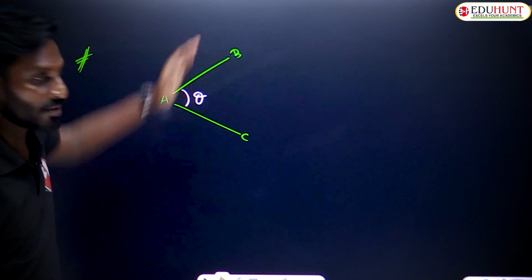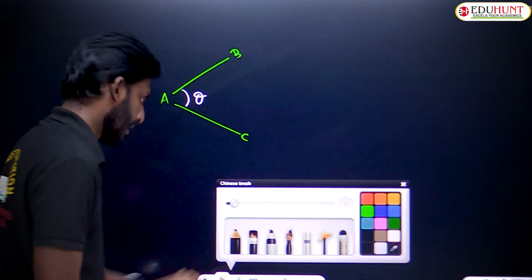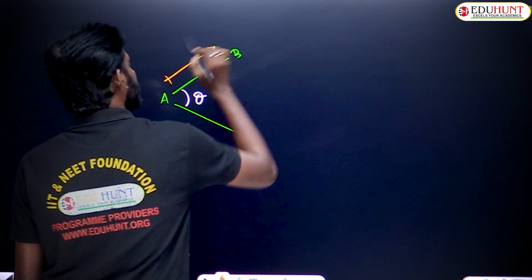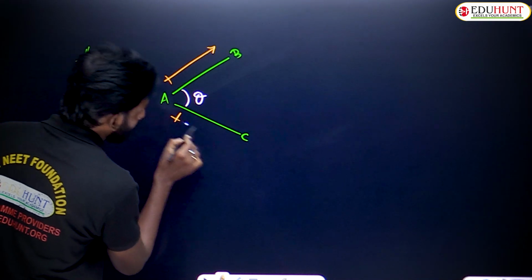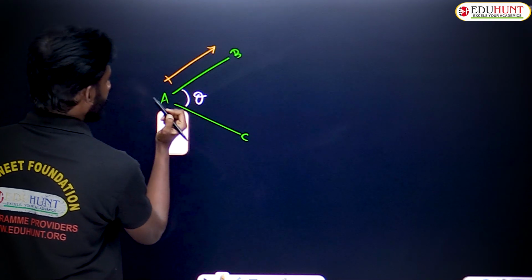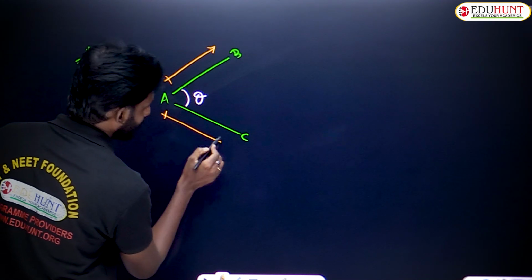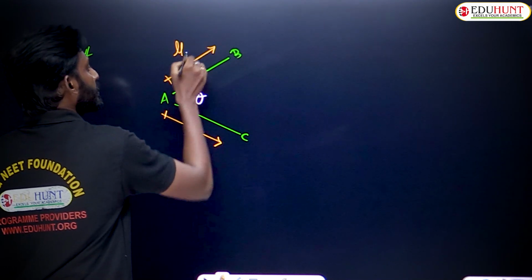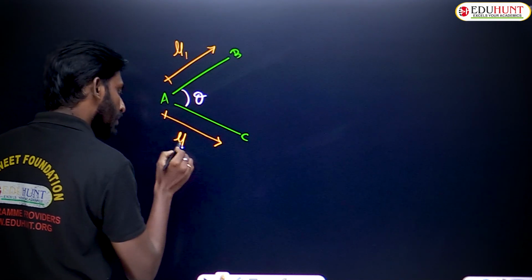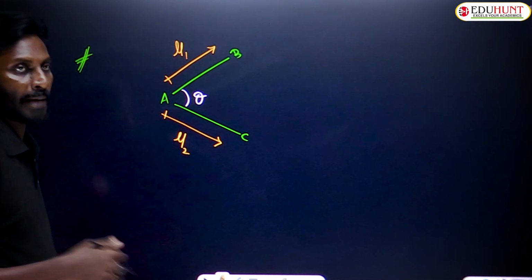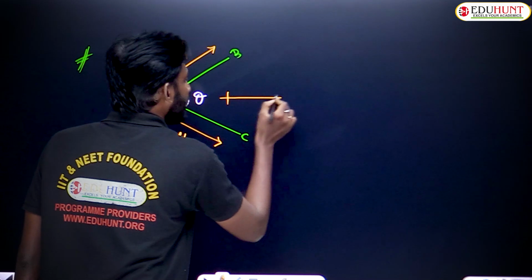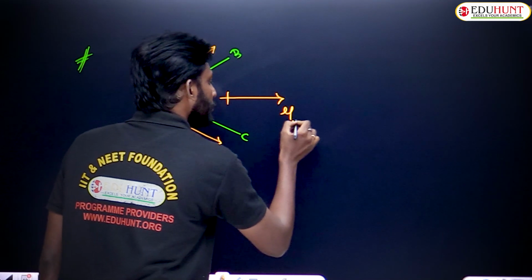Both are polar bonds inclined at an angle theta, and the dipole moment of this bond is obviously in this direction, and the dipole moment of this bond in this direction. Let us call the dipole moment of this bond mu1, and the dipole moment of this bond mu2. What happens to the resultant dipole moment? The net dipole moment will be in this direction, mu net.